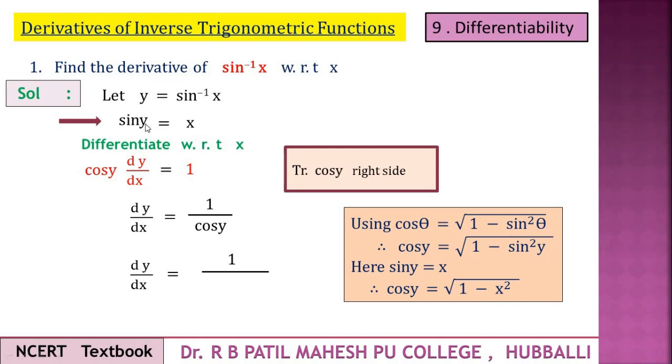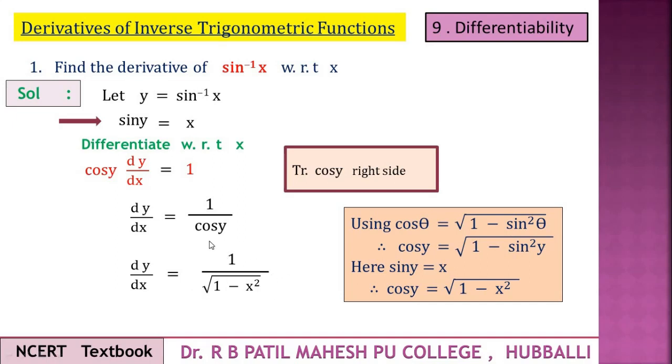In this example we know the value of sine y. In the second step, sine y is x, so replace it with x. Sine y is equal to x, so cos y is equal to root of 1 minus x square. Replacing this, it becomes 1 divided by root of 1 minus x square.